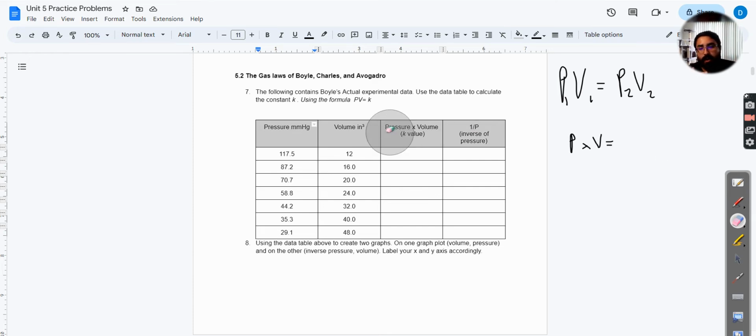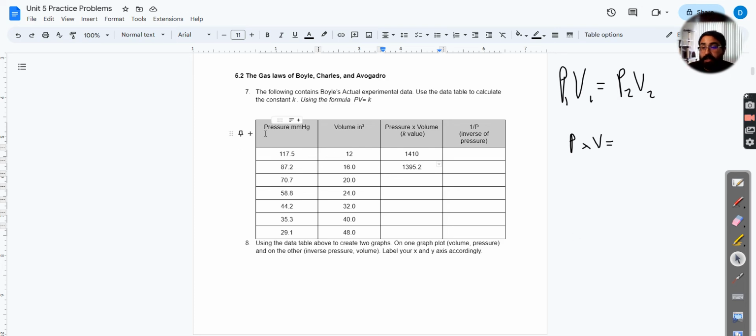If you do that, 117.5 times 12, go ahead and put that in your calculator. 117.5 times 12 is 1,410. And you do the same thing with the next one, 87.2 times 16, and boom, you get 1395.2, and you keep doing this, and then you'll find a pattern.